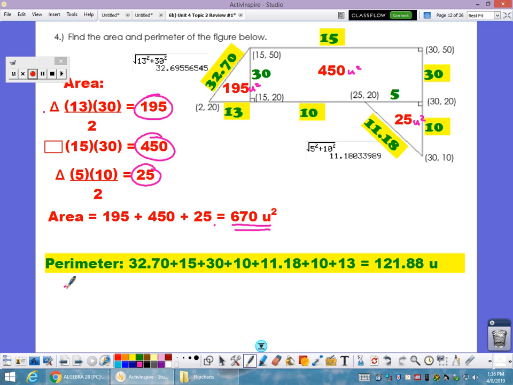The perimeter is adding up all those little pieces that we looked at, and that's just units because it's just a distance. All right. Oh, here is that on the calculator. So it's approximately, right, that's the square root of 125. All right.